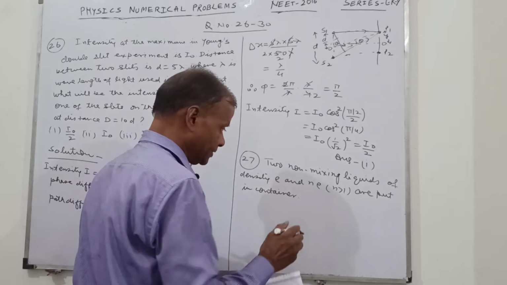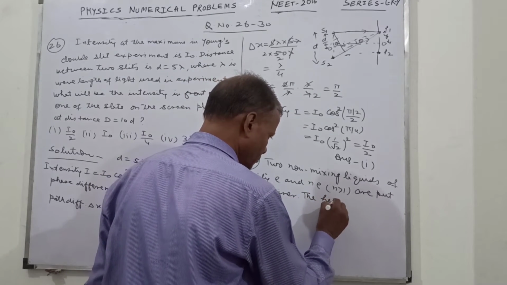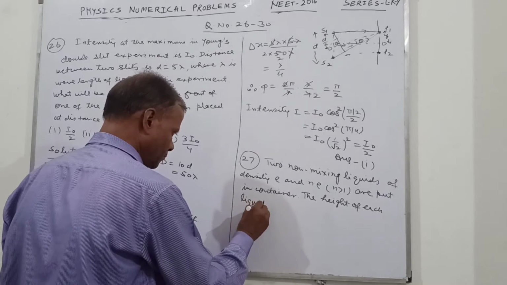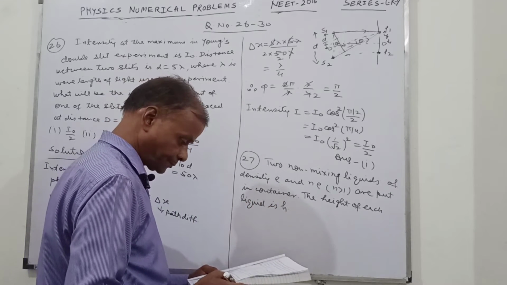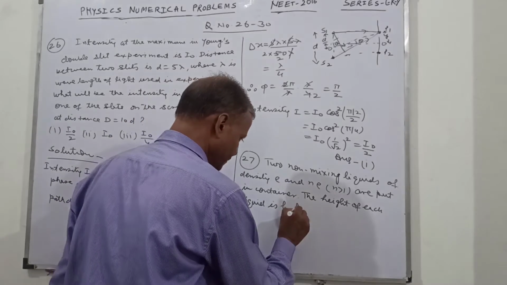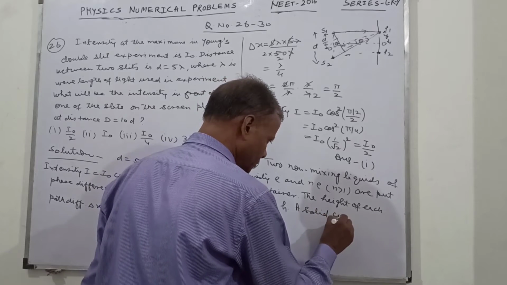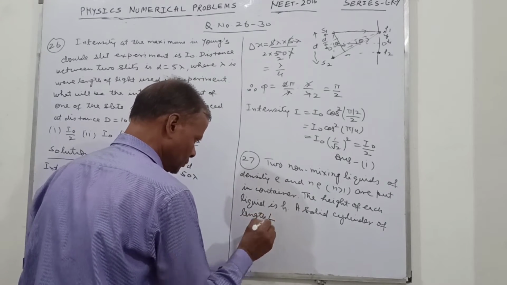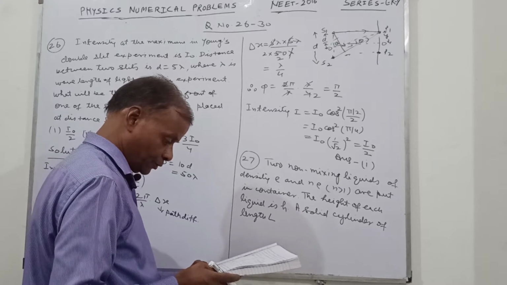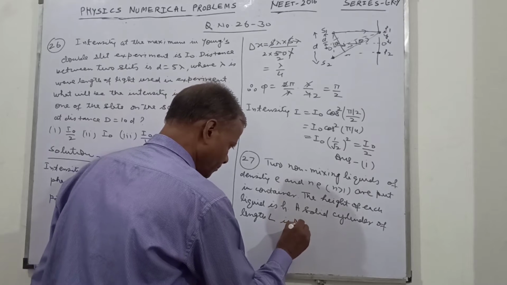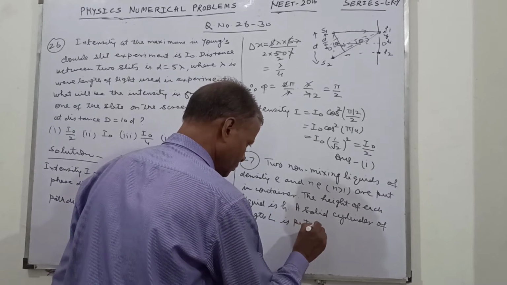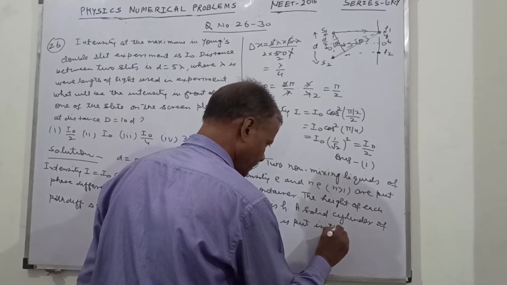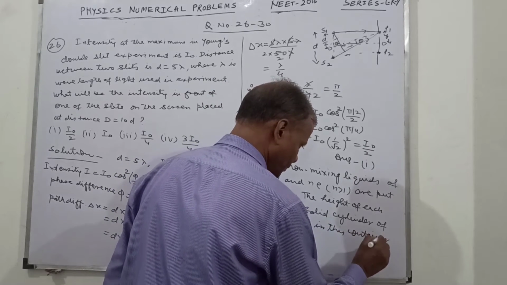The height of each liquid is h. A solid cylinder of length L is put in this container.